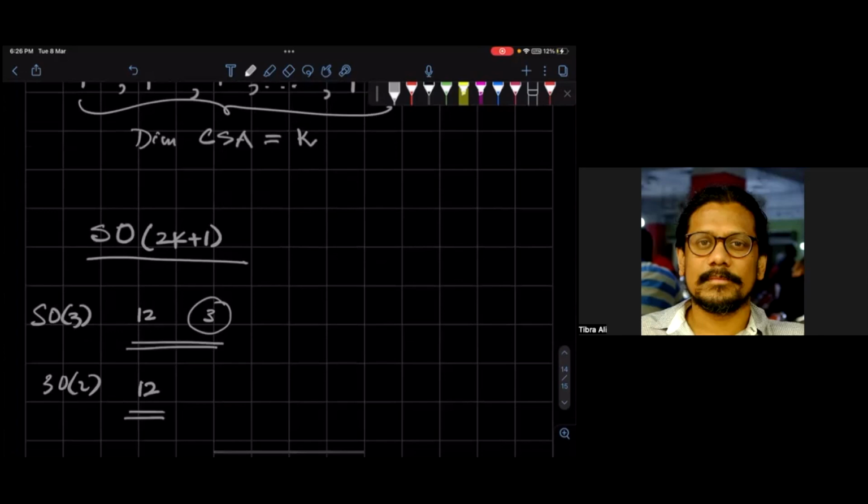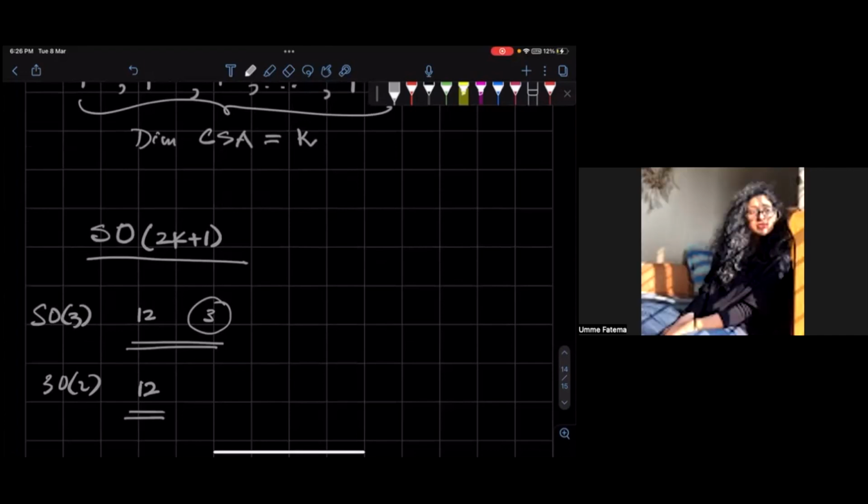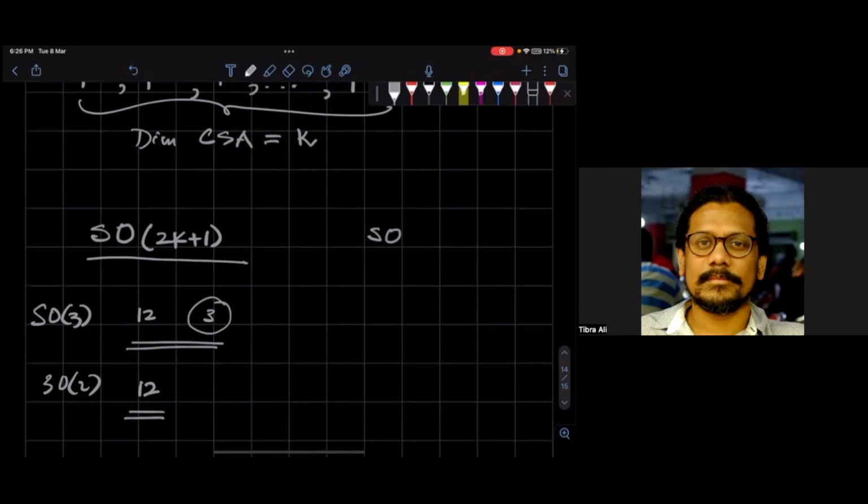What would be the Cartan subalgebra for this case? Also one? Exactly. So the rank of SO(5) and the rank of SO(4) are both the same.